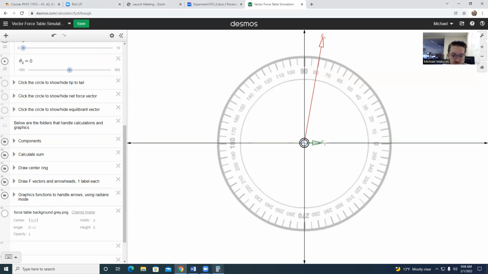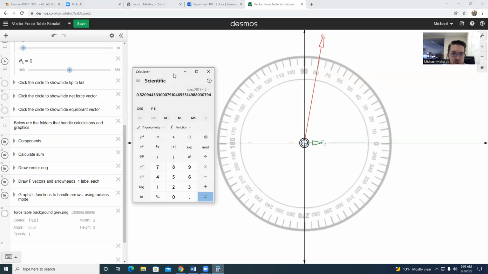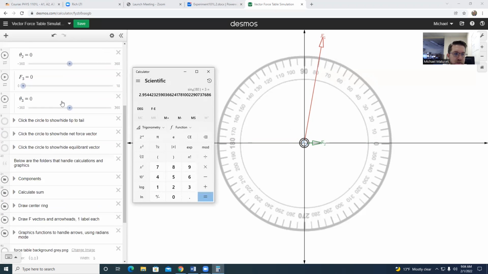Now we do the same thing for our y component. We would take the sine of 80, then multiply that by our 3, which is our magnitude, and so we get 2.95.